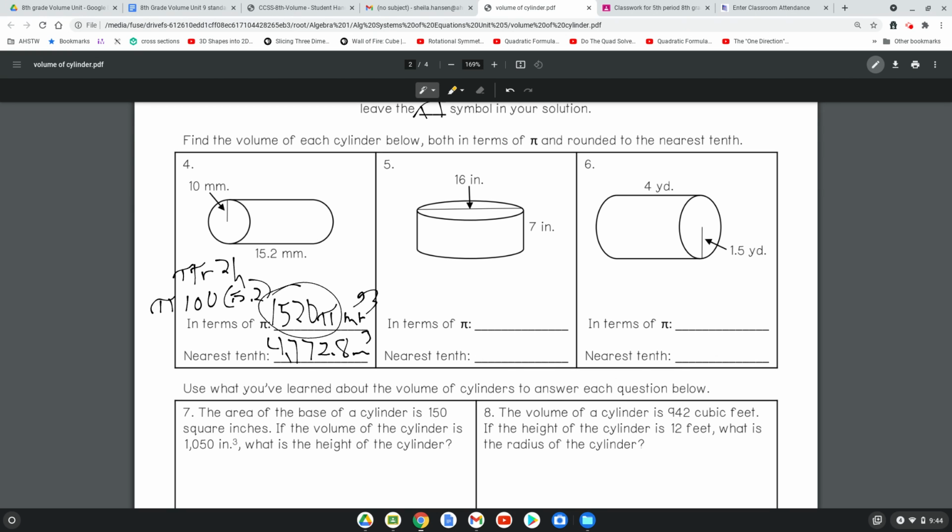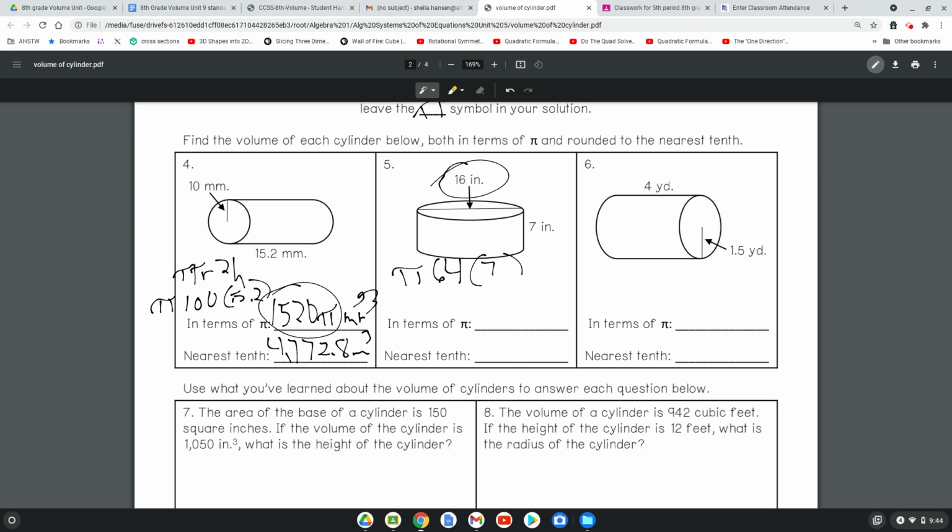Okay, next one. You're going to do the same thing. And we have a cylinder. So we're going to do pi. And then the radius, 8 or 16 is the diameter. So 8 is the radius. And so I'm going to do 8 squared is 64 times the height.